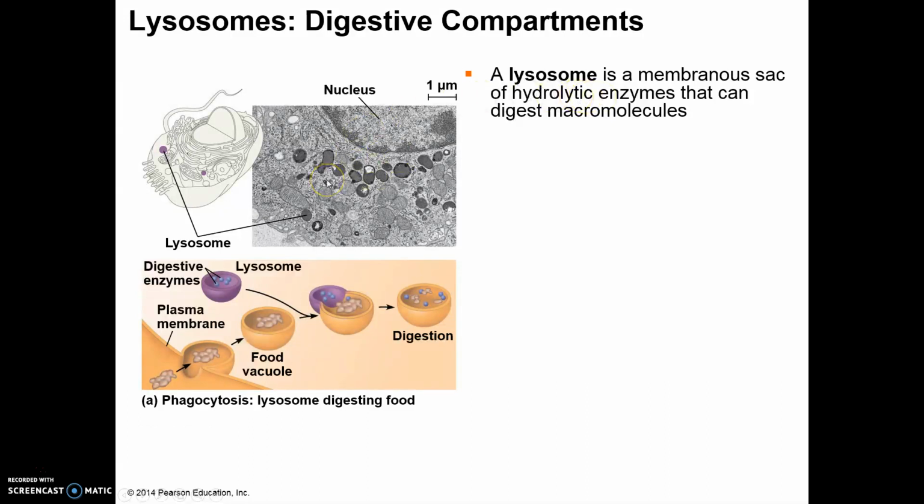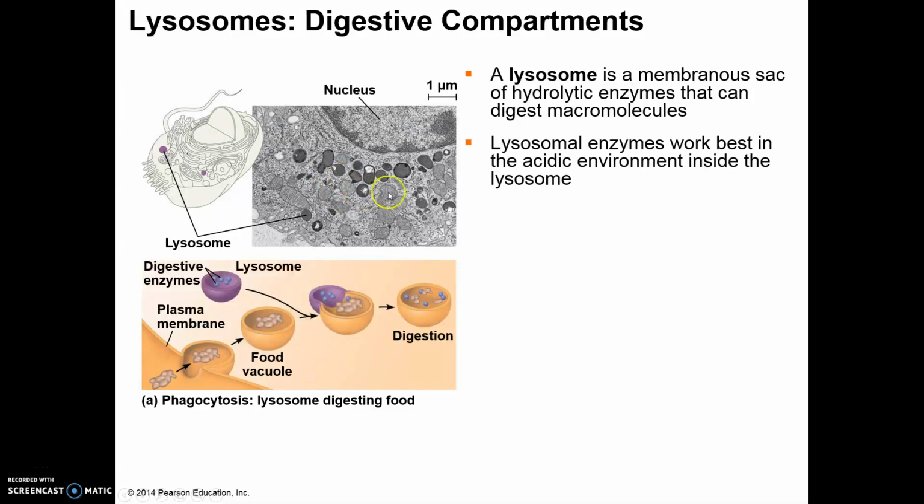Now, if you recall that this would involve adding a water molecule, this actually works better in an acidic environment. So the inside of this lysosome is both acidic and has all these hydrolytic enzymes that break down macromolecules.